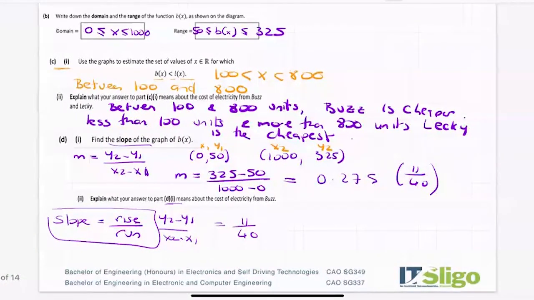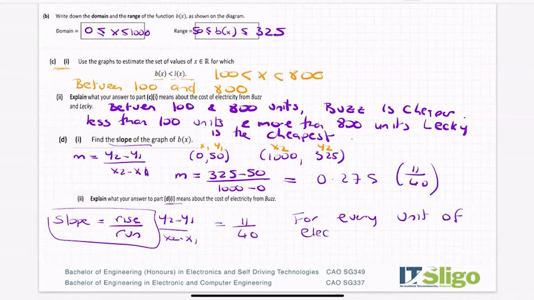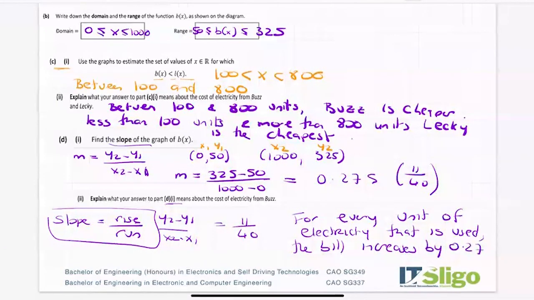So for every 40 units of electricity that I use, my bill goes up by 11. Or if I think about 0.275 as a slope, for every unit of electricity that is used, the bill increases, and it increases because it's positive, by 0.275.